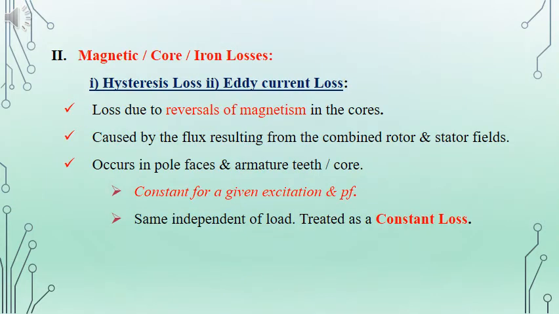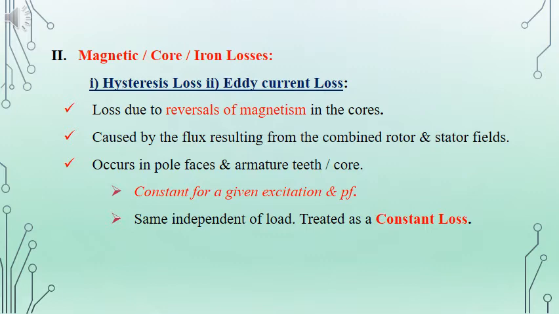The second type of losses is magnetic loss or core loss, also called iron loss. We have two different types of iron losses, that is hysteresis loss and eddy current loss. These losses happen because of the reversal in magnetism.